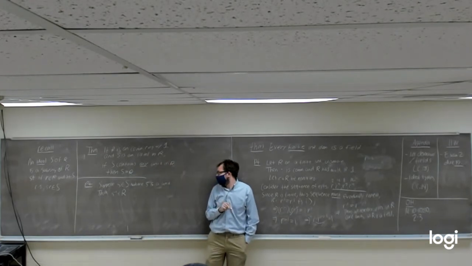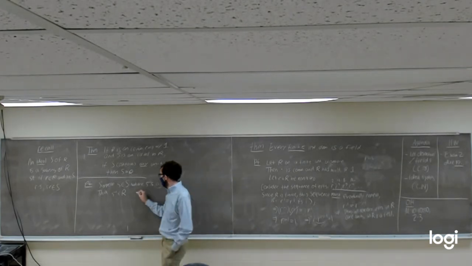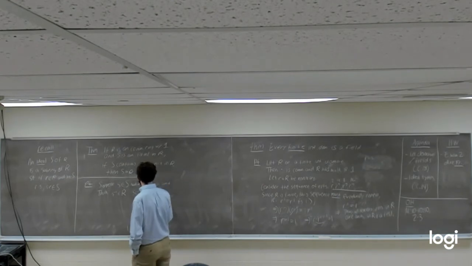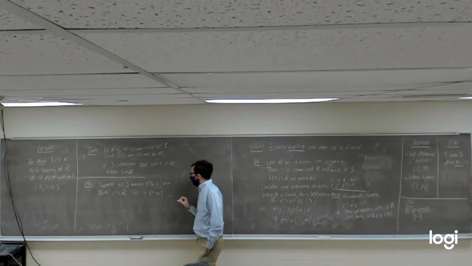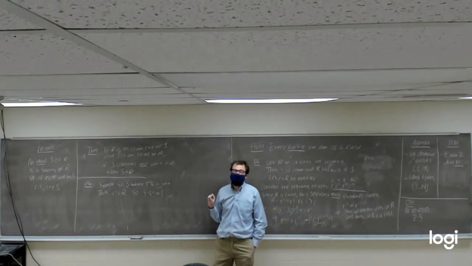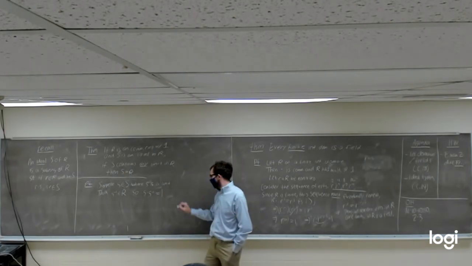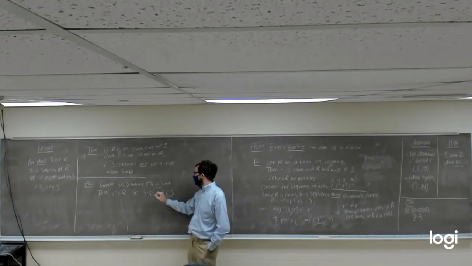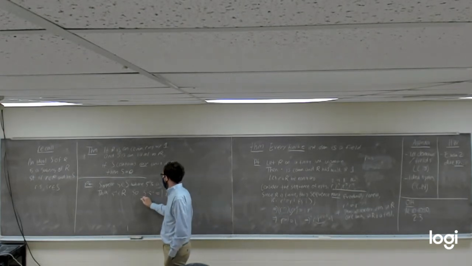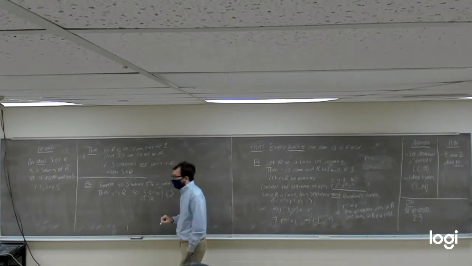Saying that s is a unit just means that s has some multiplicative inverse in the ring at large, in R. So s times s inverse, which is just going to be 1 by definition, even if s inverse isn't in S, 1 is going to have to be an element in S, because we're taking something in our ideal, s, times something in our ring.